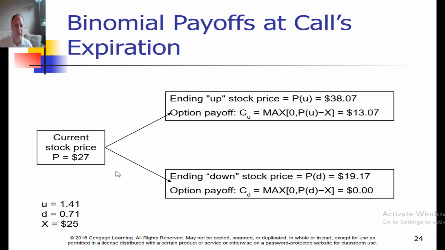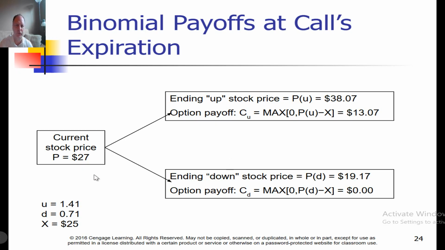So we start with our current stock price at 27. It could potentially go up to 27 times 1.41, which would be 38.07, and this would be at expiration in 6 months. So the payoff would be 38.07 minus 25, or 13.07.